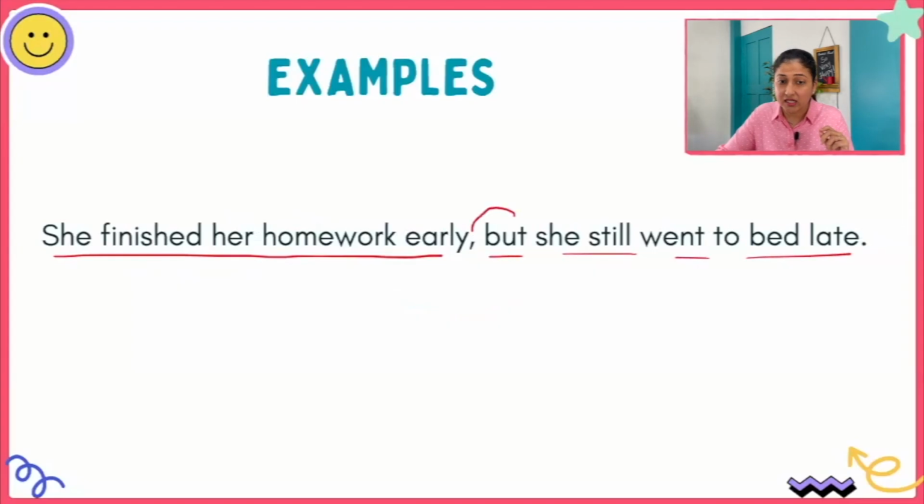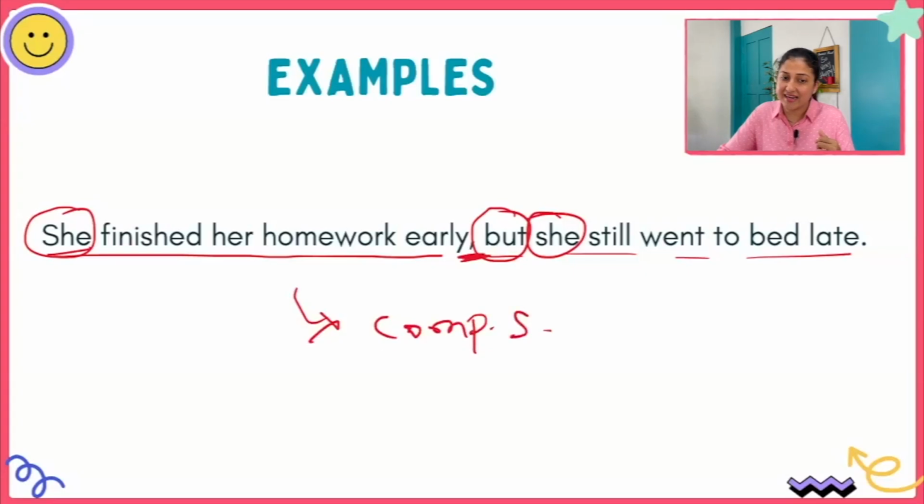Now, this is a coordinating conjunction, and both the clauses have subjects. In that case, we have used a comma, and that's why this is a compound sentence. Simple.